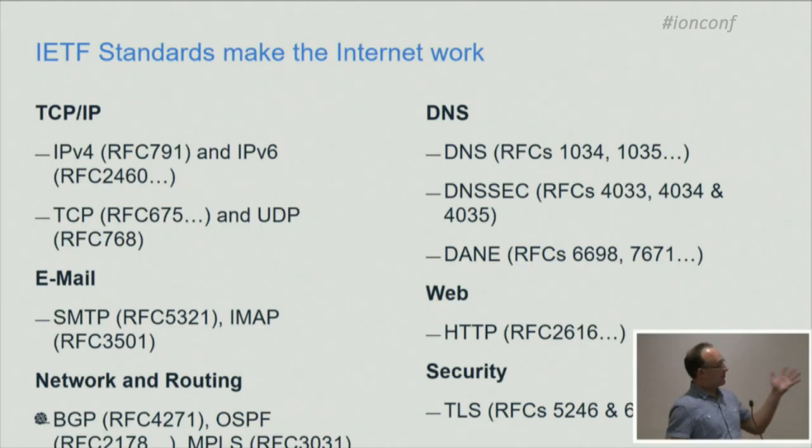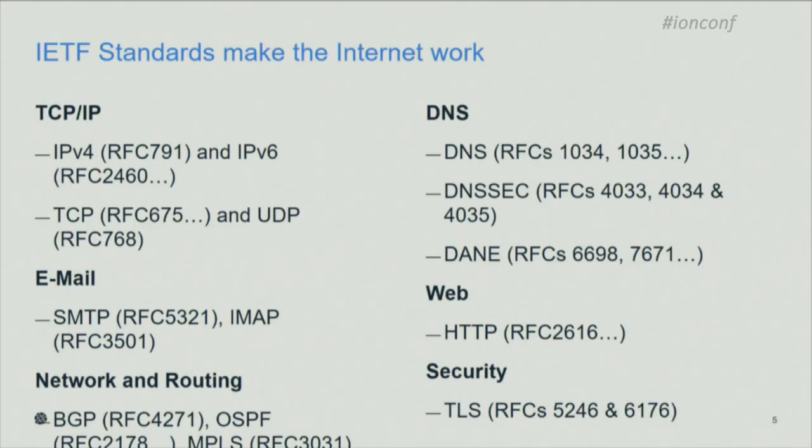Okay, so some of the most common, well-known protocols produced by the IETF are TCP/IP, of course, IPv4, TCP, UDP, IPv6, ones you'd have heard of. With respect to email, SMTP is well known, IMAP is well known.